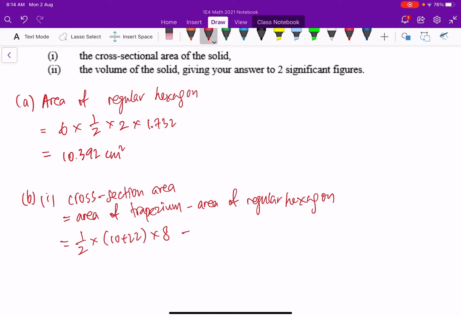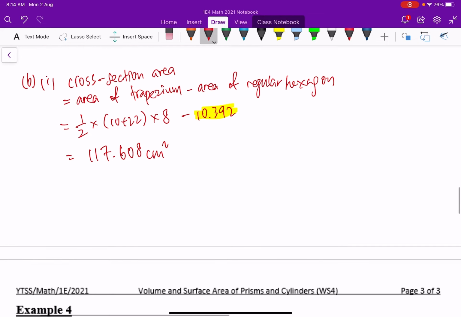Okay, minus away the hexagon, this one no need to calculate. We already found out in the first part, so you just have to copy it out here. Okay, because it's the same thing. You get this is 117.608 cm squared. Do I need to round off? Nope, because it is an exact number.